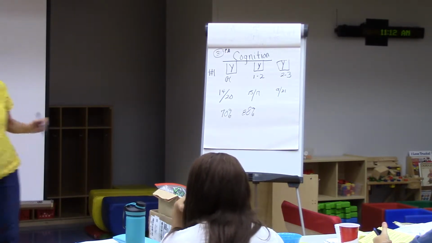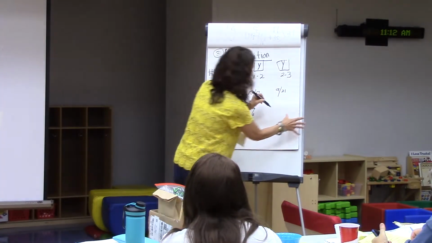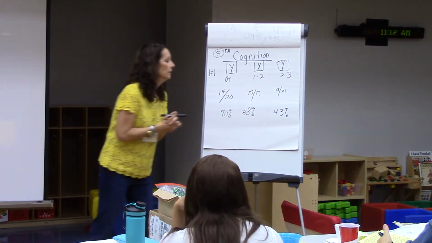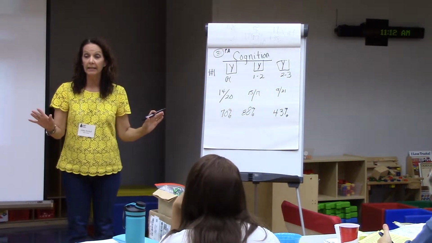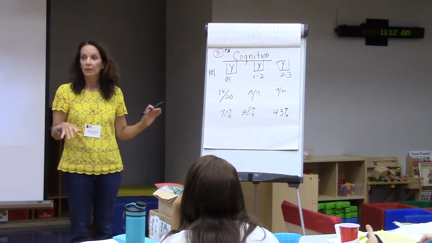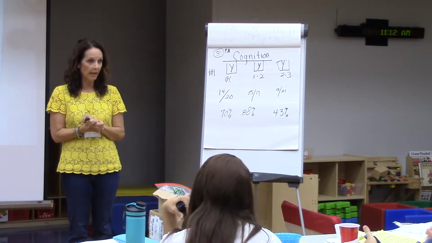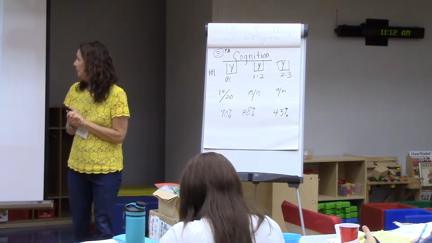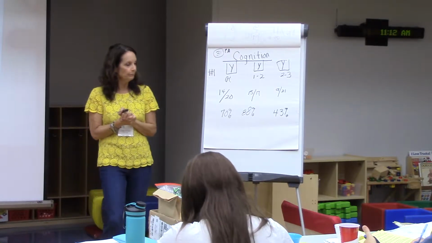And she had mastered 43% of 2 to 3. If you didn't get that, ask your neighbor, because I don't want you to have to ask out loud. It's just a percentage, okay? That is step 1.